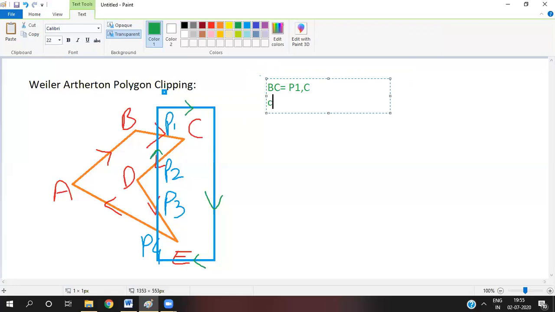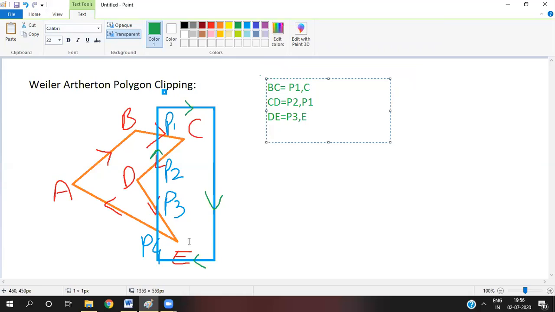Okay, for line CD, we need to follow the window boundary and here save P2 comma P1 in this case. Okay, go ahead. Again, you are here moving from D to E, that is from outside to inside, right? Follow the polygon boundary rule over here for DE. Okay, and what is that? Save the intersection point and the inside point, that is nothing but E.